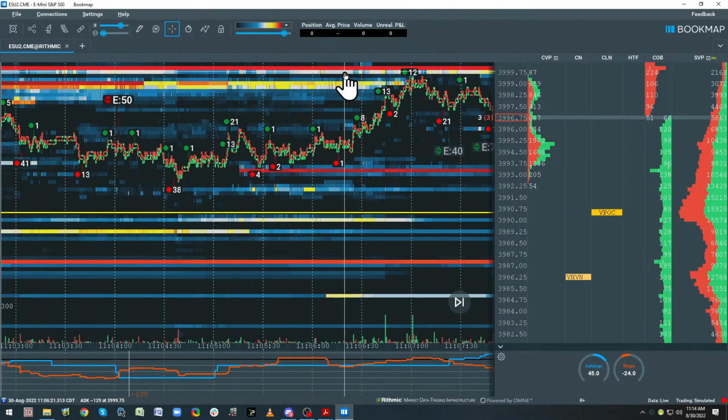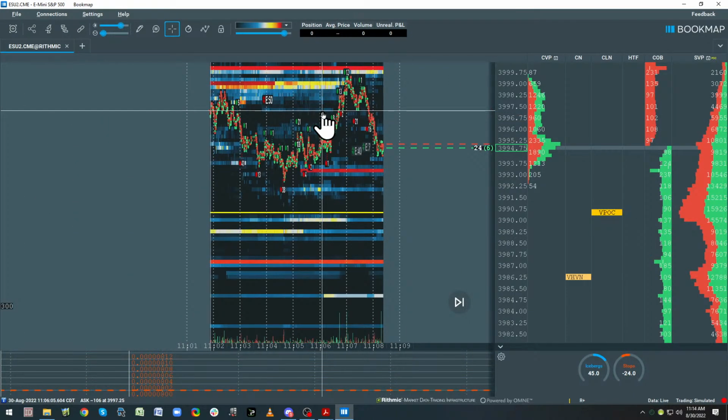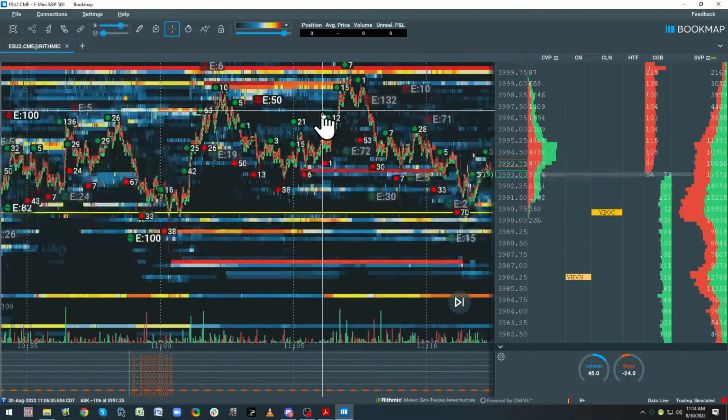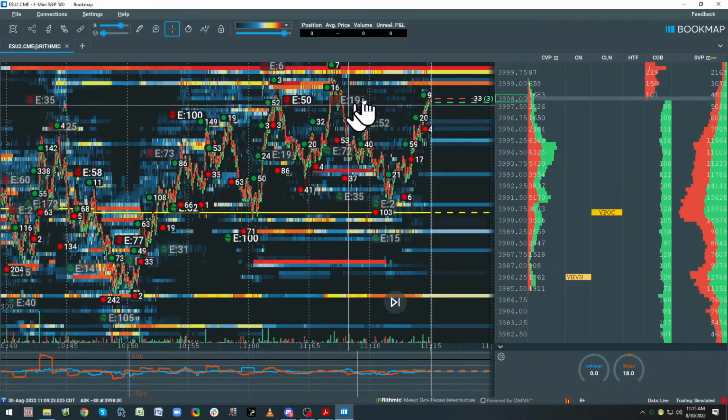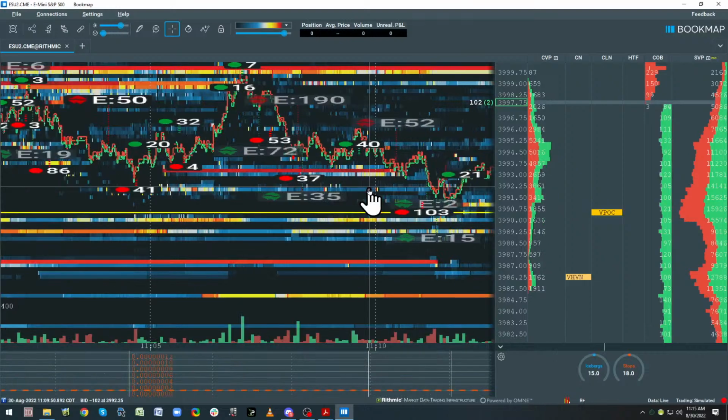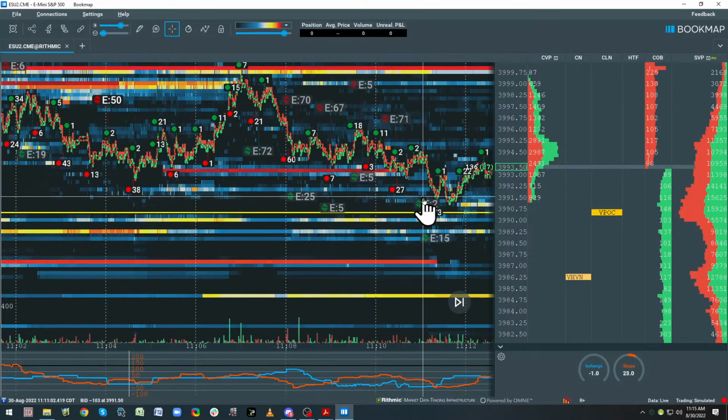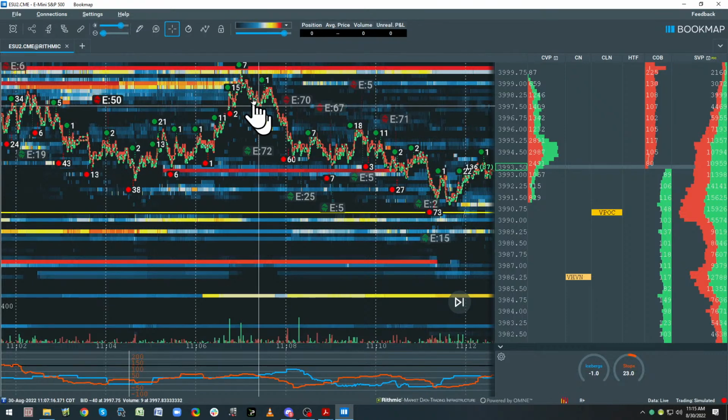Potential short. Where to? Remember, I was saying, here. So let's see, what does it do? Pretty close. So what this is saying here is too high in this microstructure.